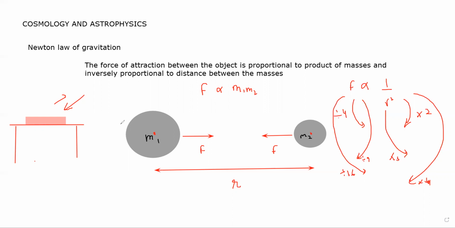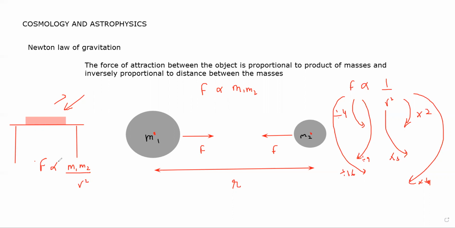When we combine these two factors, according to Newton's law of gravitation, the force of gravity between the two objects is proportional to the product of the masses and inversely proportional to the square of the distance between them. So we can write that the force F is proportional to the product of the masses m1 m2 and inversely proportional to r squared.